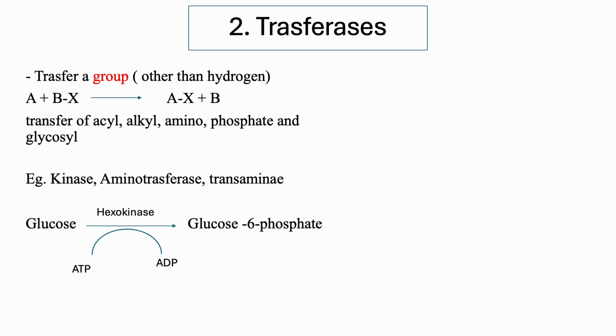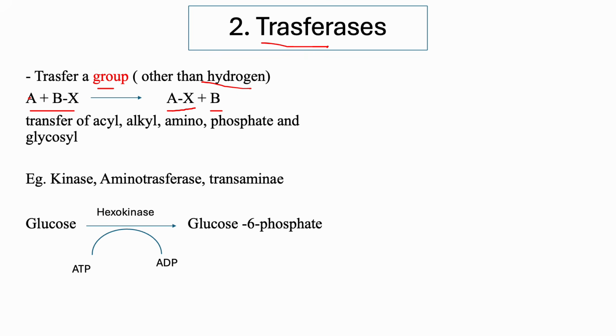Let's talk about transferases. From the name, transferases transfer a group but not hydrogen, bear in mind. That means if A and B are substrates or substrate and cofactor, there is transfer of a group from B to A. Here A gains a group and B loses it.